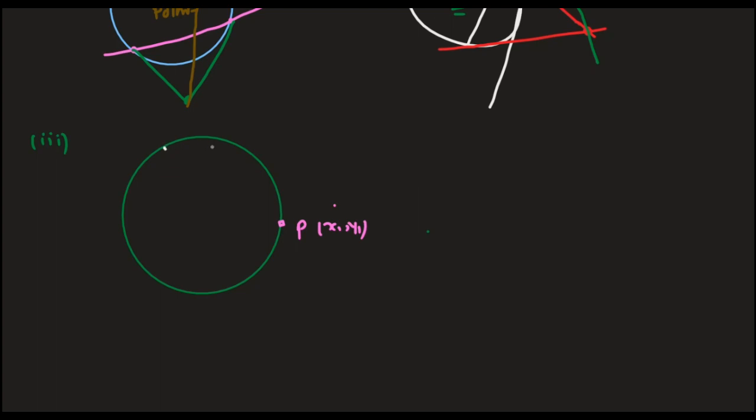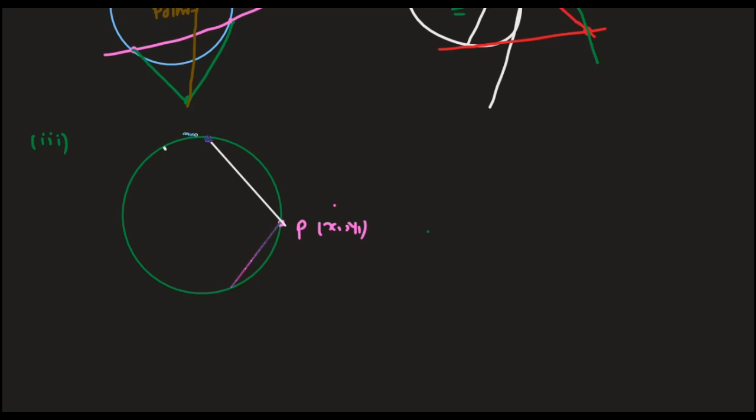Suppose I am taking this one. Next I am taking this one. Now if you draw the tangent at this point, what will happen?